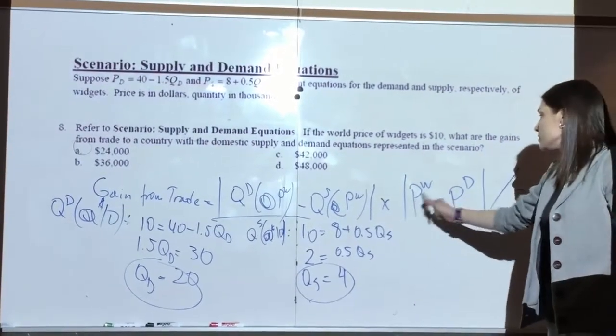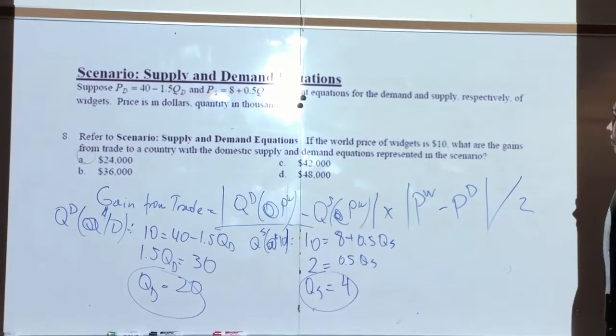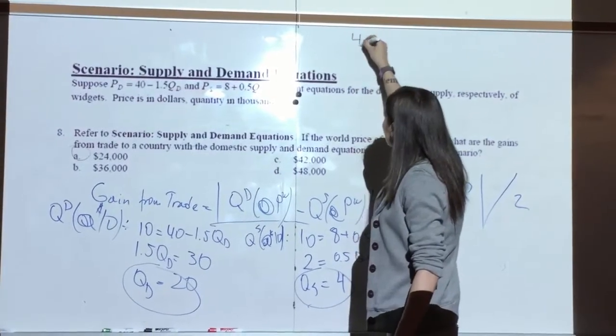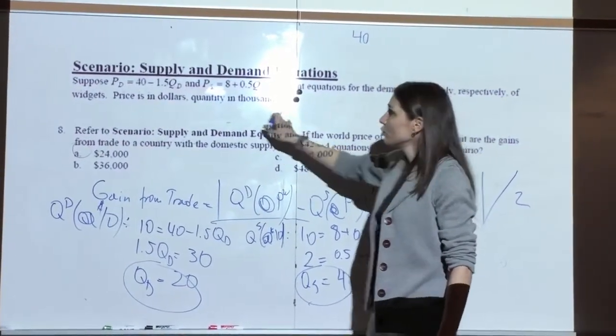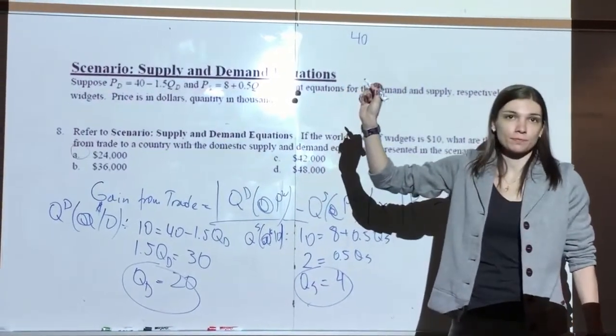I know the world price, so the only thing I need to figure out now is the domestic equilibrium price. I would set the two equal to each other, since that's where the two curves intersect. Once I have Q, I can plug it back into either of the functions to find the domestic price.